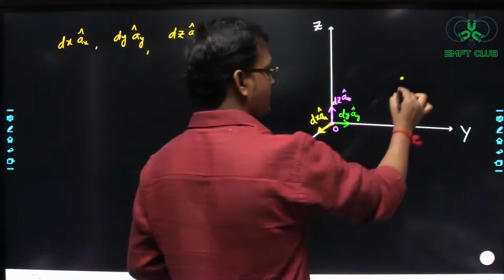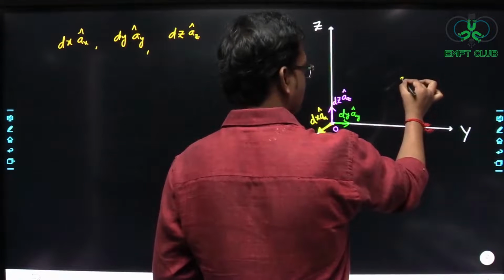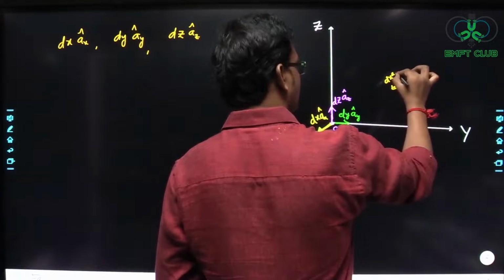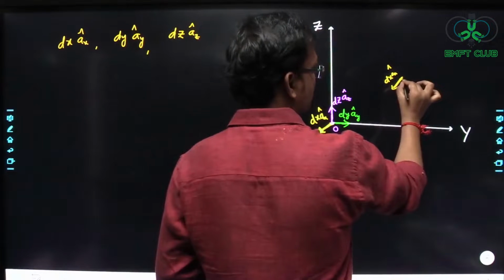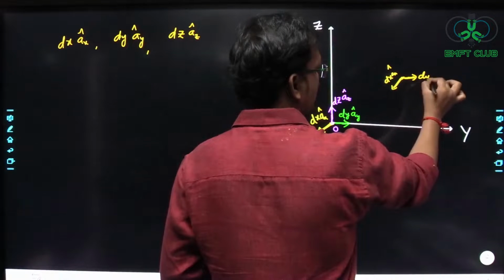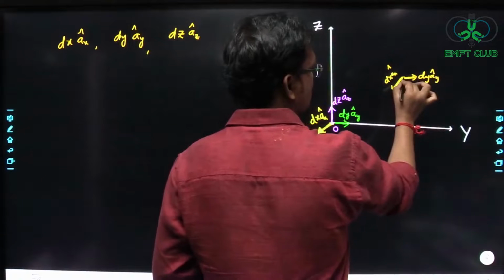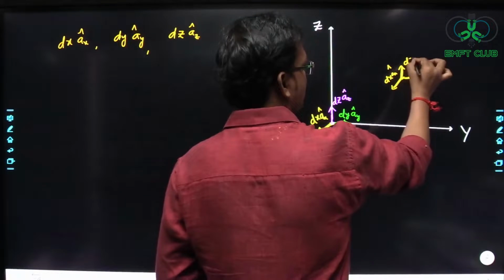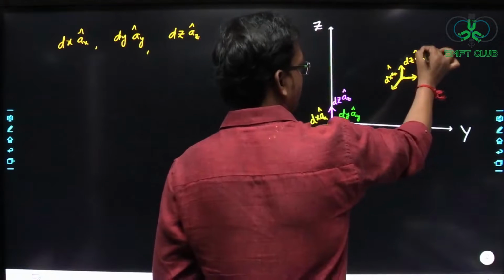Okay, so then if you draw a small differential length parallel to the x-axis, here also this represents dx ax cap, right? If I draw a small differential length parallel to the y-axis, I can call it dy ay cap. If I draw a small differential length parallel to the z-axis, I can call it dz az cap.